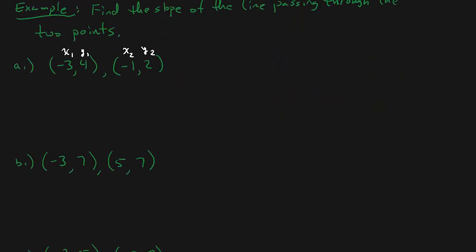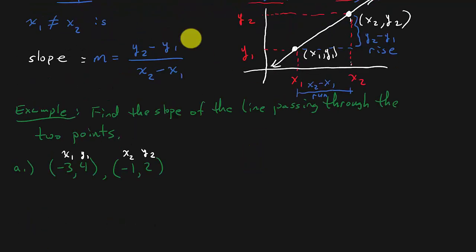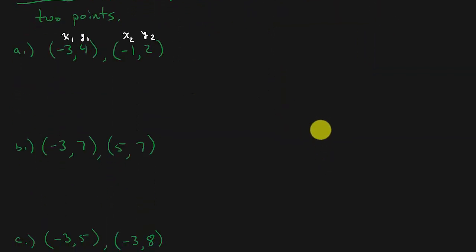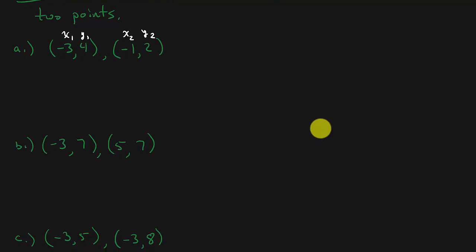We've got to know the formula for slope. If you've watched my previous videos, whenever you have a formula, write it down every time you use it. That's going to help you remember it better. So the slope is y2 minus y1 over x2 minus x1.